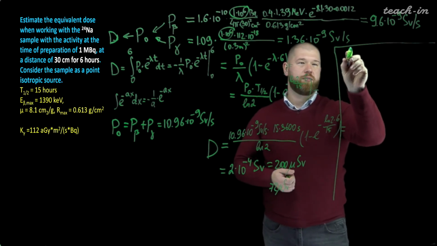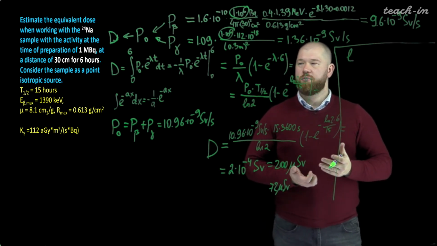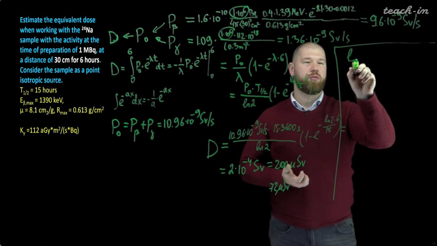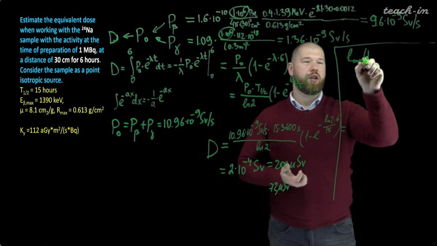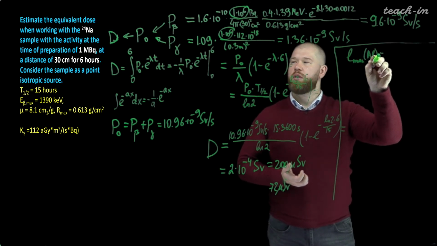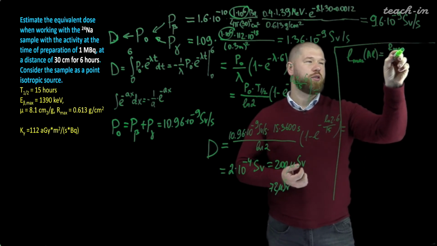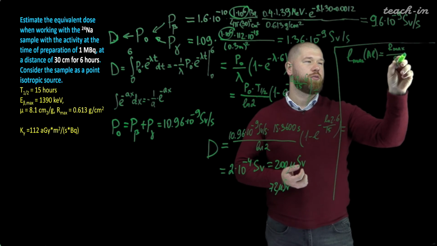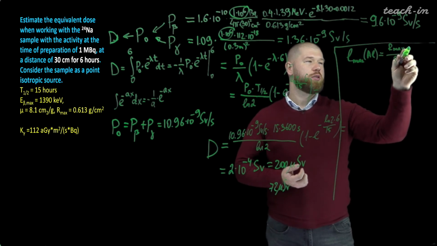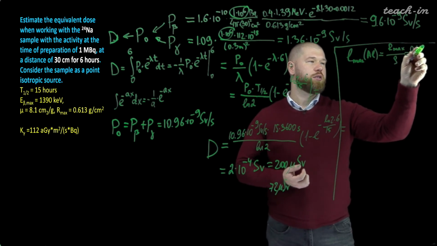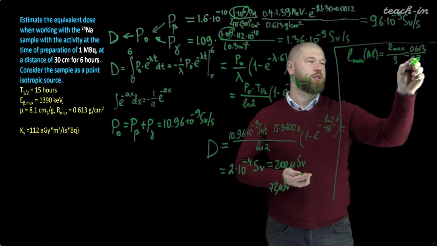So L, the linear range, L maximum, if we take aluminum, it will be simply the maximum range divided by the density of our material. So in this case it is 0.613 divided by 2.7.